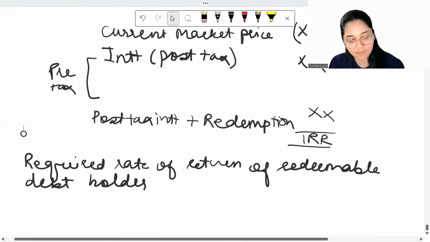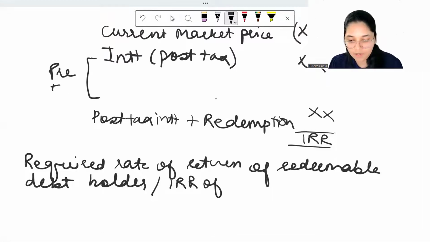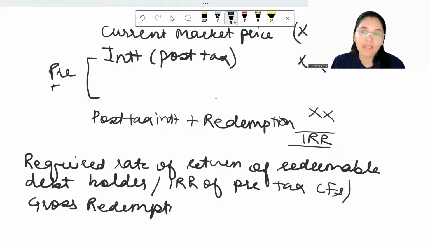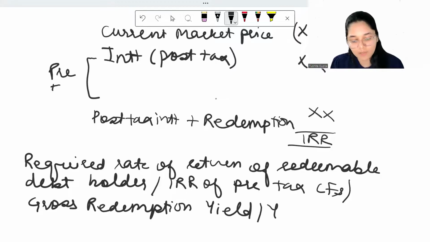So another name which you can mention over here can be the IRR of pre-tax cash flows. Now, another name could be gross redemption yield. And another name for the very same thing is also called the yield to maturity.